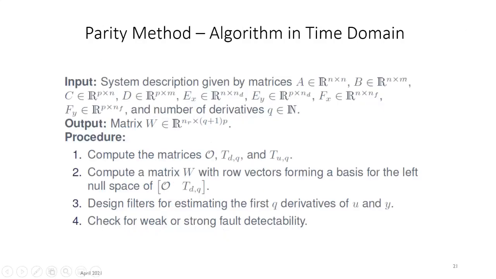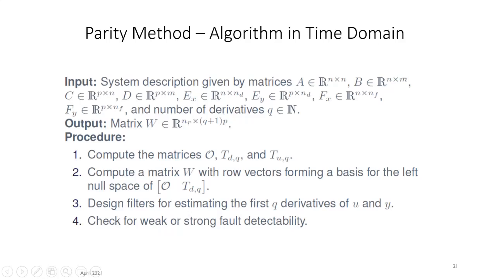Okay, I have the algorithm here. Algorithm-wise, it says what the steps are. So basically for a system that is given and the matrices are known, we know A, B, C, D, E, F, and we need to calculate the matrix W, and W, as I said, is in the knowledge space of this matrix.